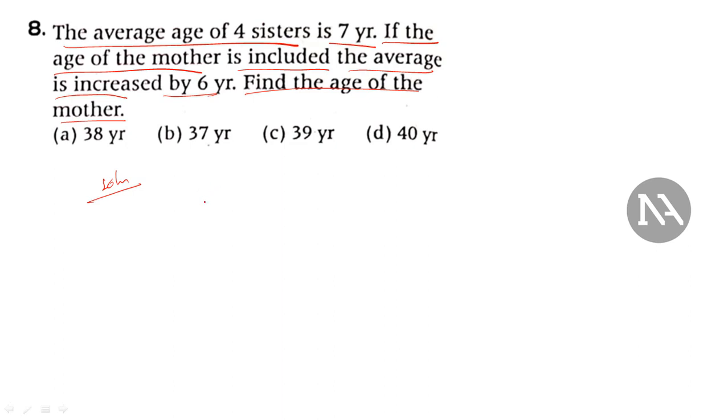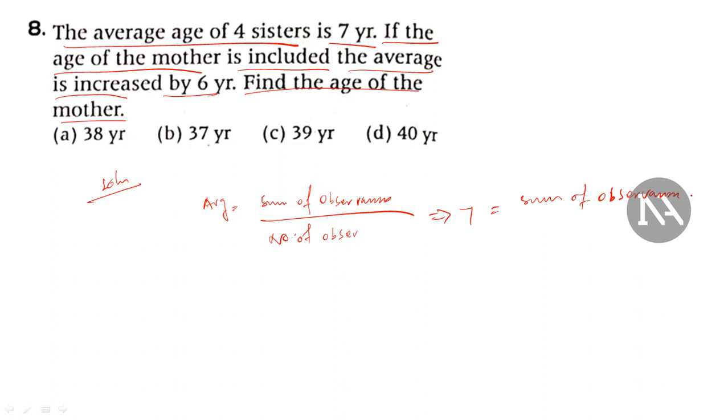Now we know the formula for average. Average is equal to sum of observations divided by number of observations, right? Here they have given first the average age of 4 sisters, so that is equal to 7. Then we have to find out the sum of observations, the total age of all the sisters.